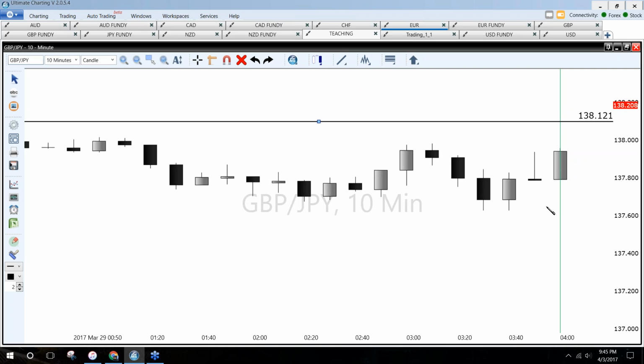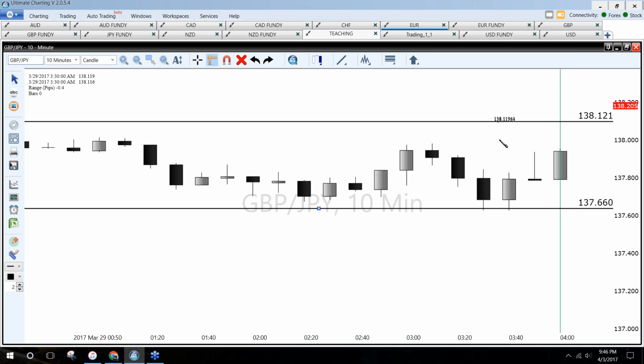And we're going to go 15 pips below, down to, what was the price point? Okay, 81. 66. There we go. Okay, so perfect. 15 pips above, 15 pips below.